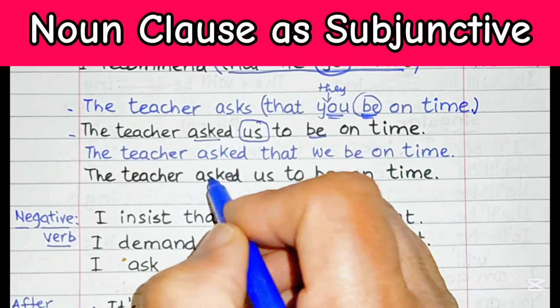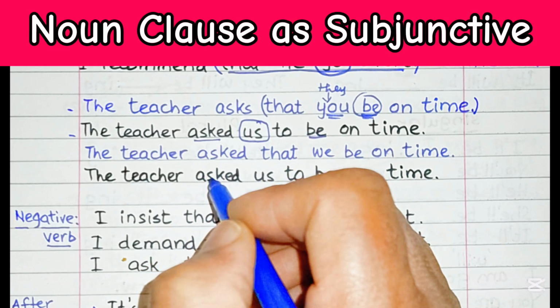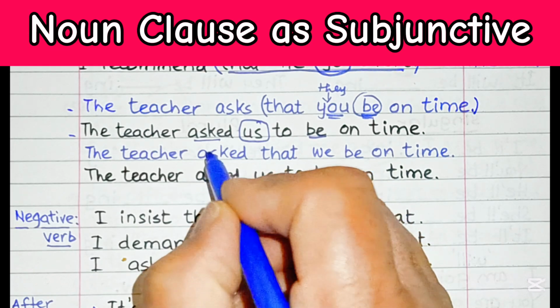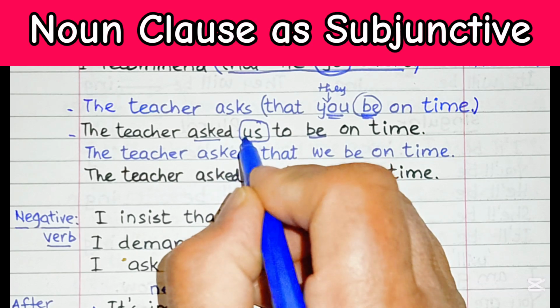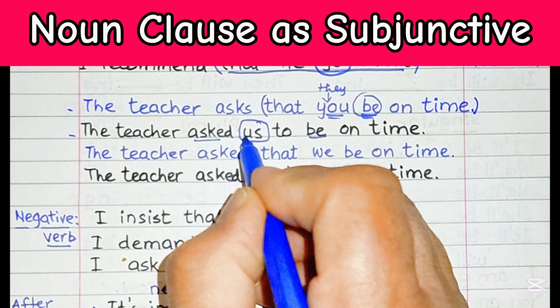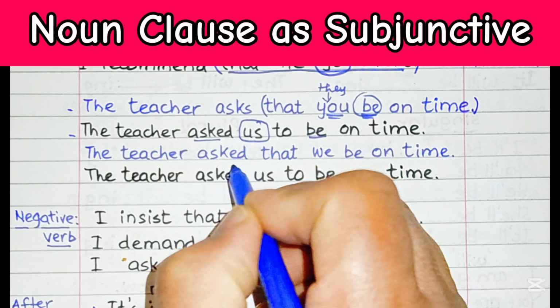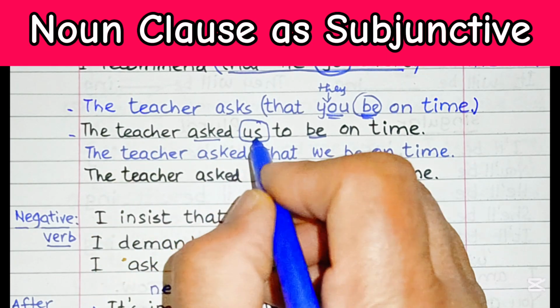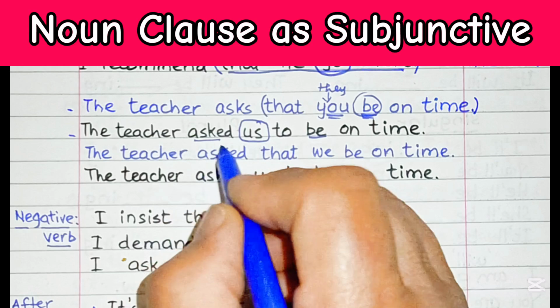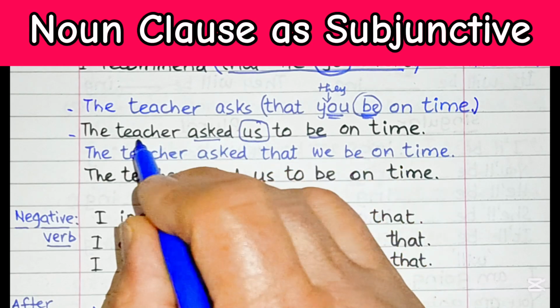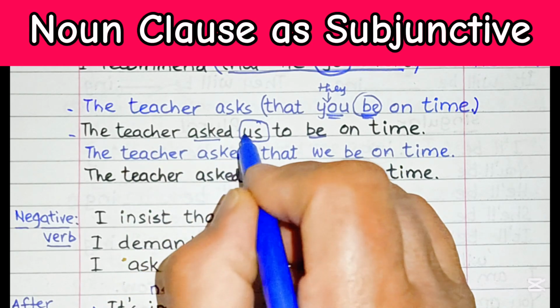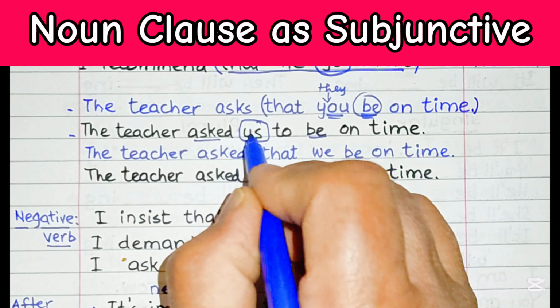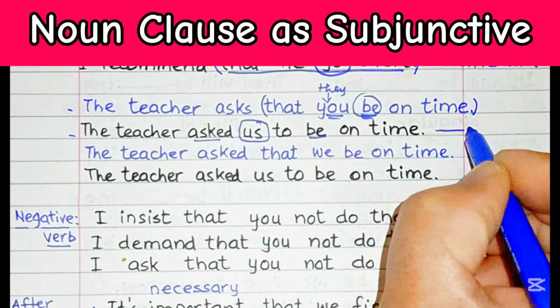You can simply use an object pronoun like us over here, or an object noun like the teacher asked them, the teacher asked the people, the teacher asked the students. So a noun or pronoun can be put over here, but this is not in the subjunctive mood.